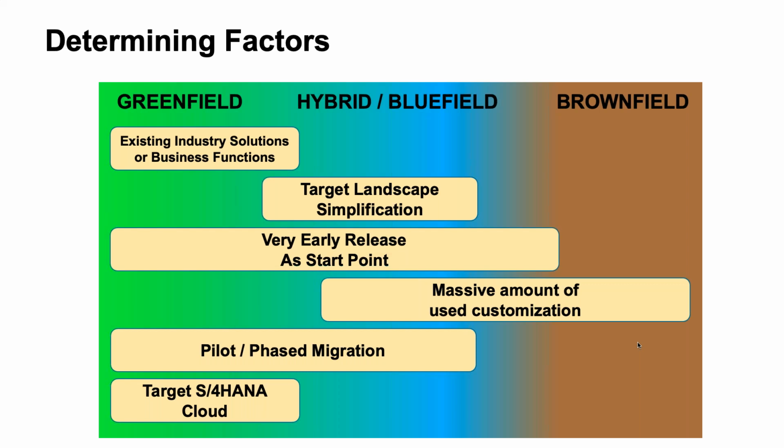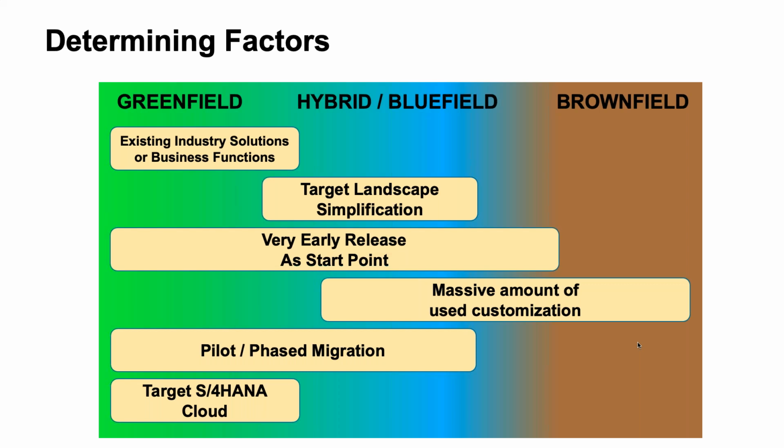If you want to use this as an opportunity to reduce the number of SAP landscapes that you have, to drive a consolidation or a simplification of some kind, then you're probably looking more towards the hybrid bluefield scenario in the middle. If you have a very early release, if you're still on 4.6C or one of the earlier enhancement packs of ECC6, you may not want to go through the number of prerequisite steps that would get you to a minimum level in order to enable a technical brownfield conversion. So that may mean you're more interested in the hybrid or the greenfield.